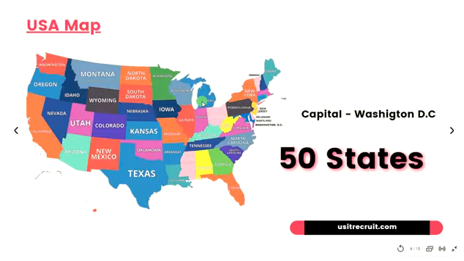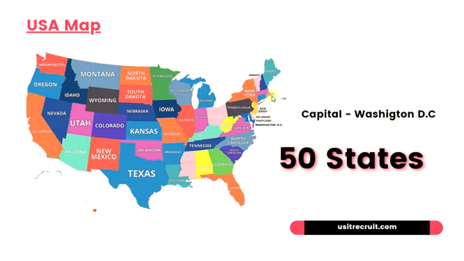So the first thing, this is the USA map, and the US consists of 50 states with the capital of Washington DC, and the primary language for the United States is English. So if you want to become a US IT recruiter, you should have basic knowledge of how to communicate using the English language.